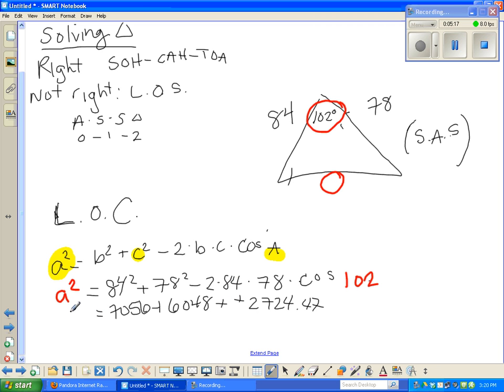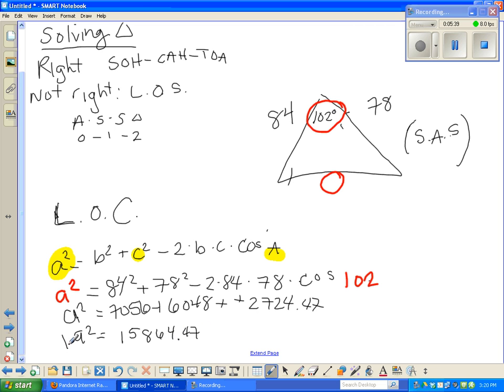So all of these things together add up to our a squared. So if you add all those together, when I did that, I got, and you guys are all typing in your calculators because you know I like you to participate, 15864.47.